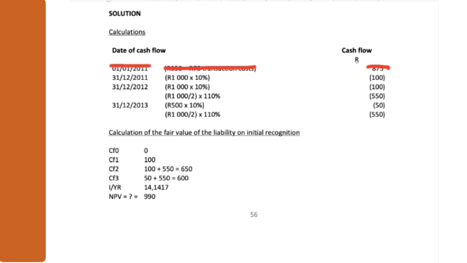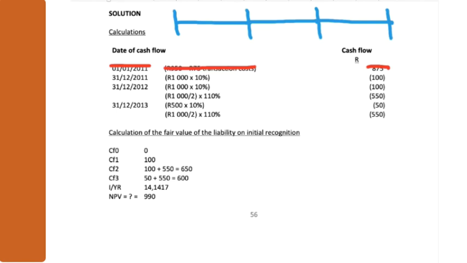So we need to go and have a look at our future cash flows. Now to do that, we draw a little timeline. That would be 2011, 2012, and 2013. In 2011, there will be only interest because they told us there is no maturity payment in the first year.